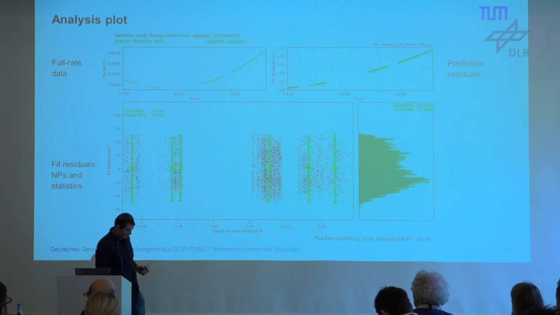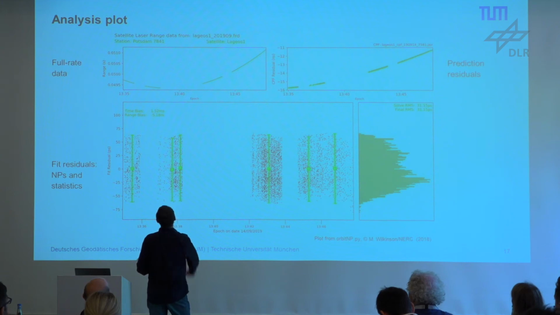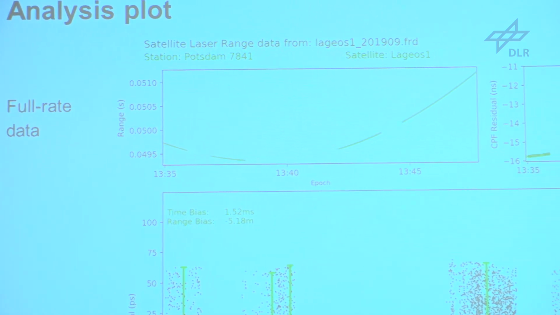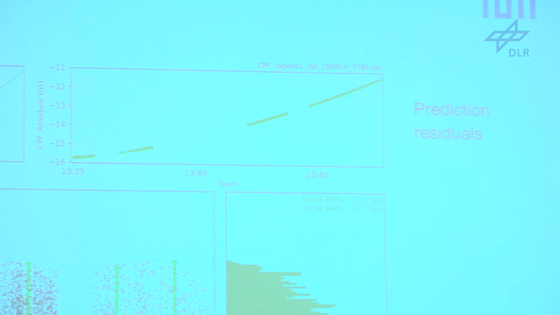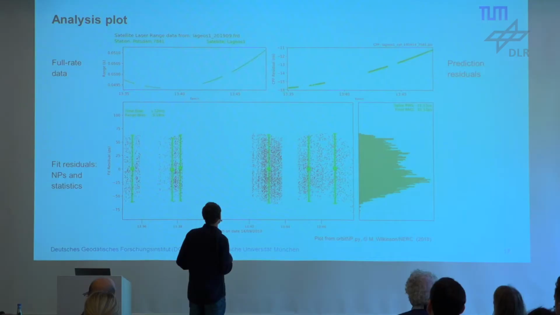Furthermore, you get some additional data for analysis. So in the top left, you see the full rate data ranges. On the right, you then see the residuals to the orbit prediction, which are, of course, comparably small.